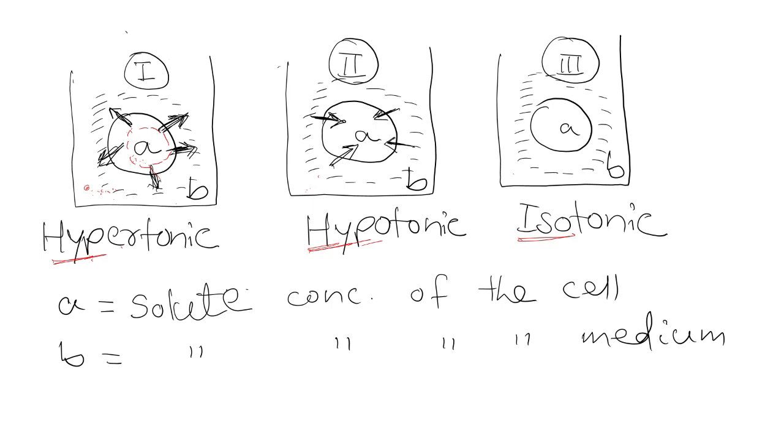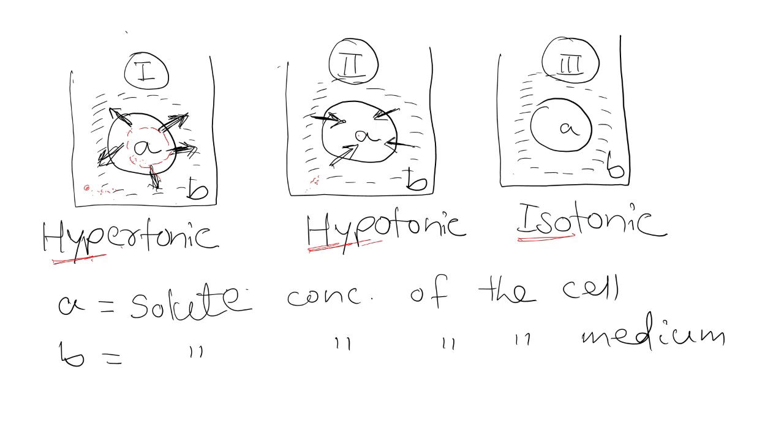Now in a hypotonic medium, the solute concentration is less in comparison to the solute concentration inside the cell. So if the solute concentration is less, it means the solvent concentration will be higher in comparison to the solvent concentration inside the cell.